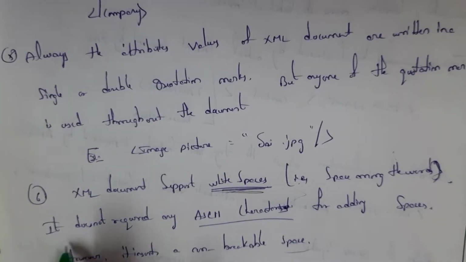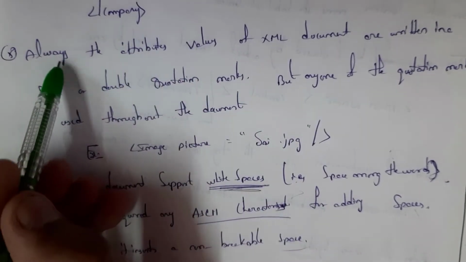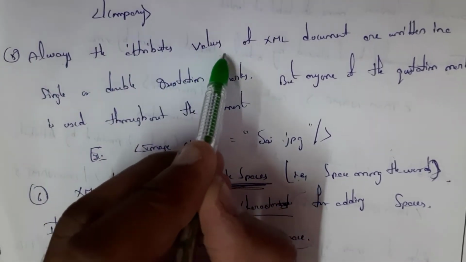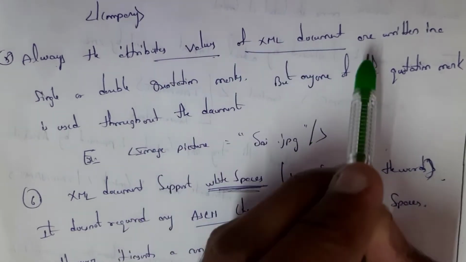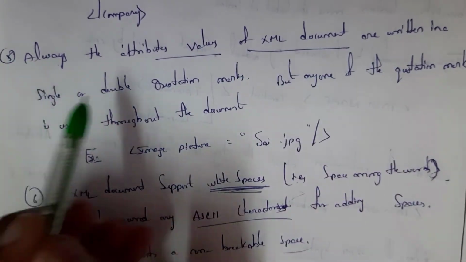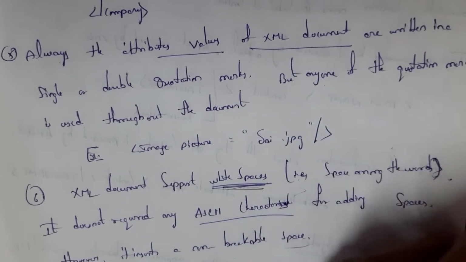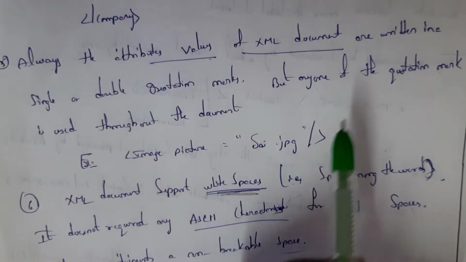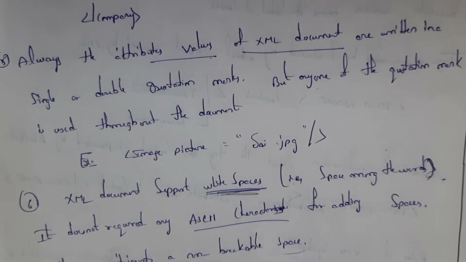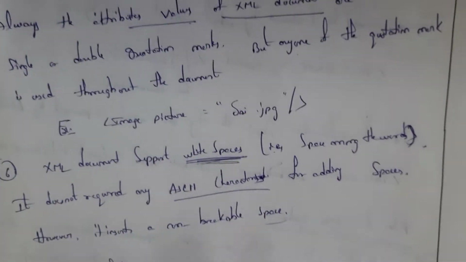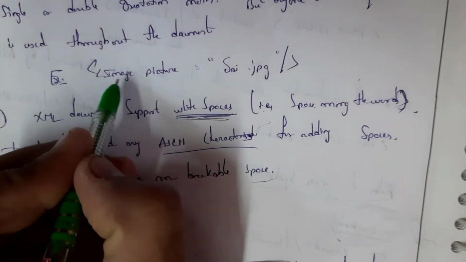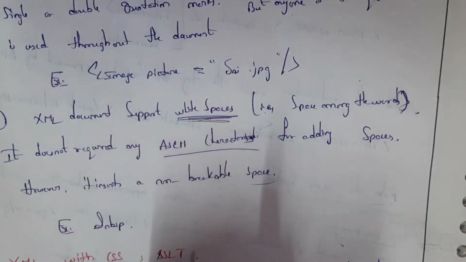And the fifth property is, attribute values of XML documents are always written in single or double quotes, but only one kind of quotation mark is used throughout the document. See this example. In this, I'm going to upload a picture.